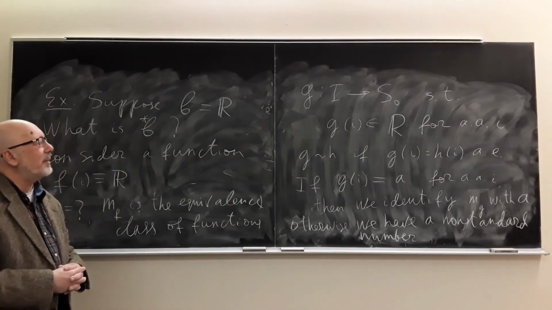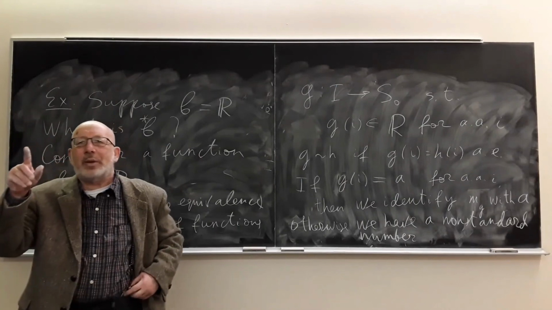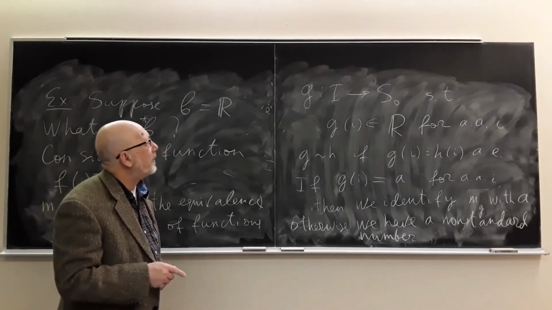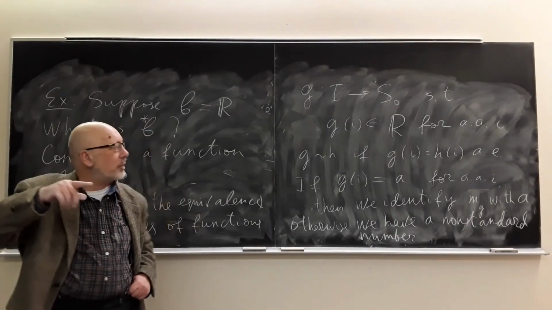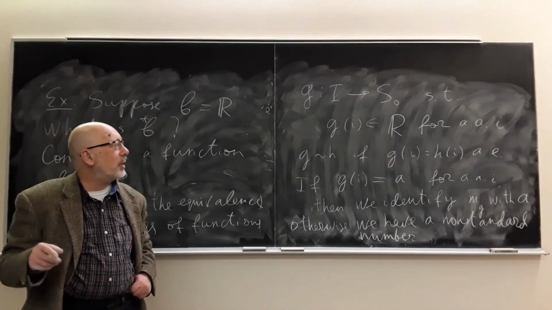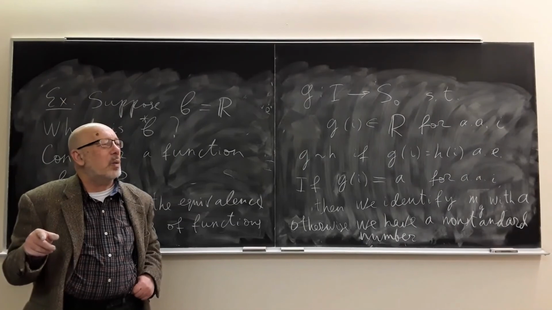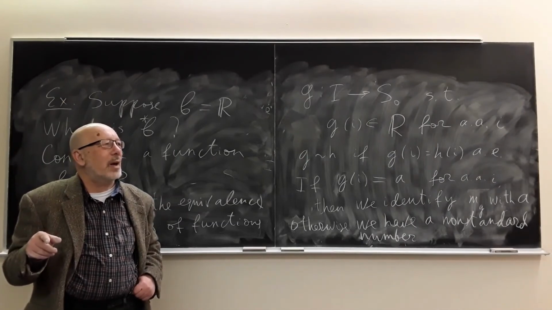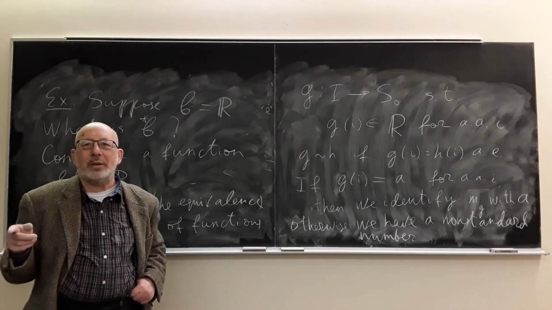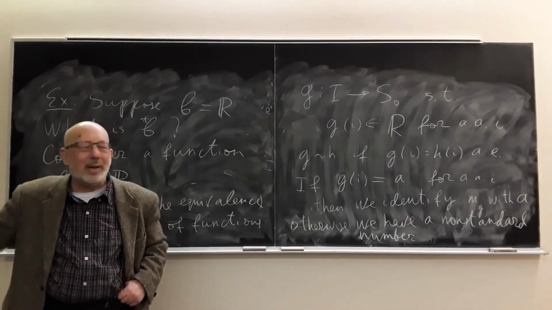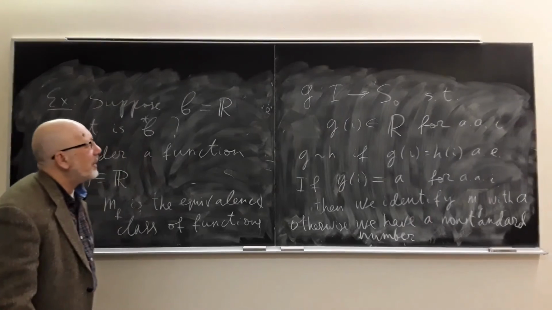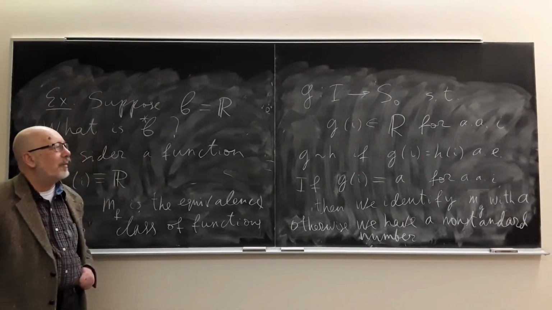Now, let's give a small example. Suppose this sequence, this function g, so I are integer numbers, and g of I is the following. It is 0 when I is even, and 1 if it is odd. Yeah, 0, 1, 0, 1, and so on. What can be said about these functions?